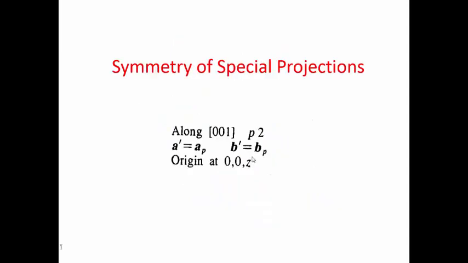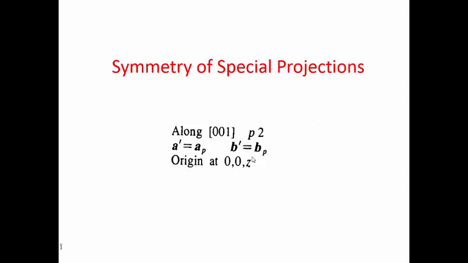Then if you look down, there are 3 different projections. Some of them are orthogonal, some of them you have to do little tricks, but we're going to have ordinary views down various directions.